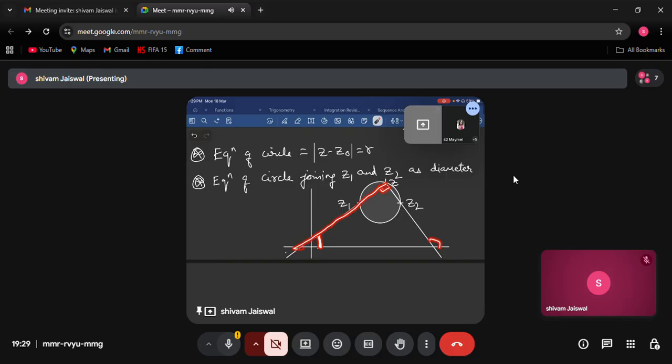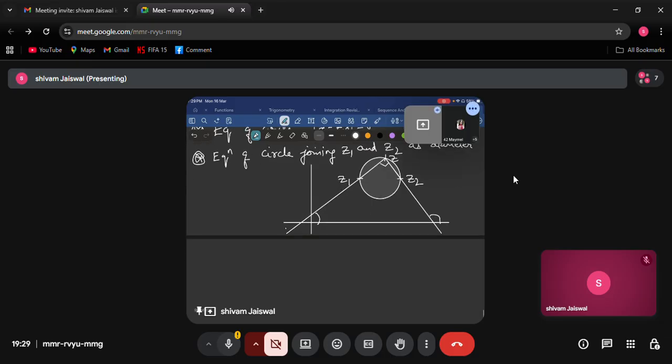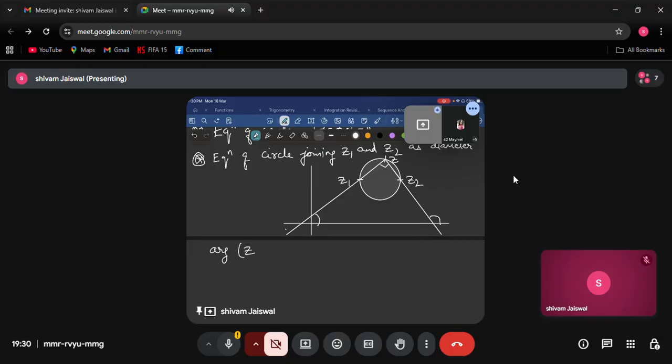This is the triangle. Exterior angle is equal to the sum of opposite interior angles. So I can say argument of z minus z2 minus argument of z minus z1 will be equal to pi by 2. Right, tell me everyone.